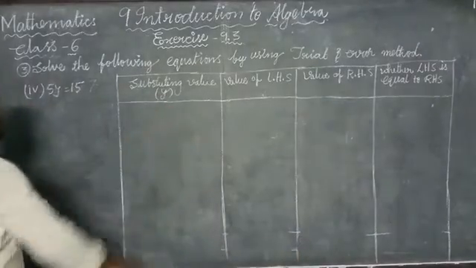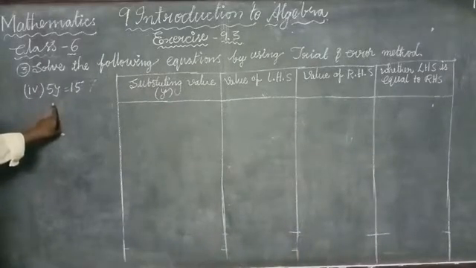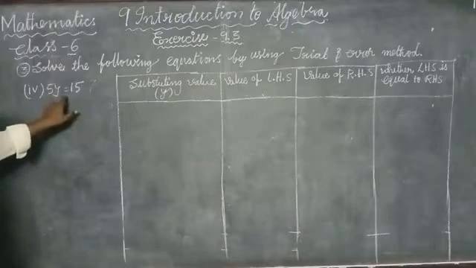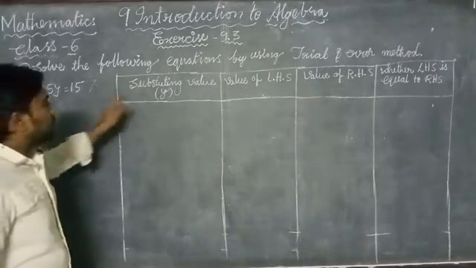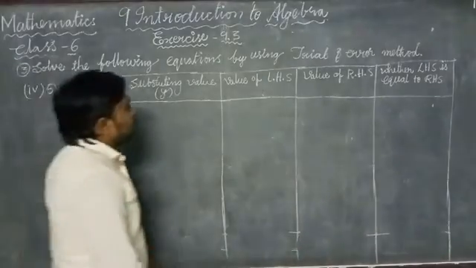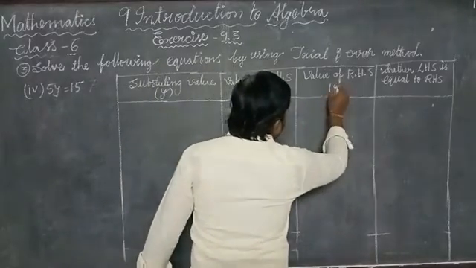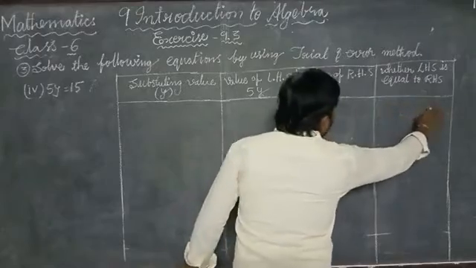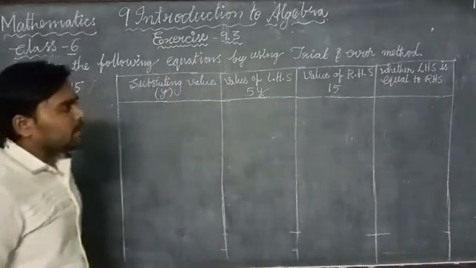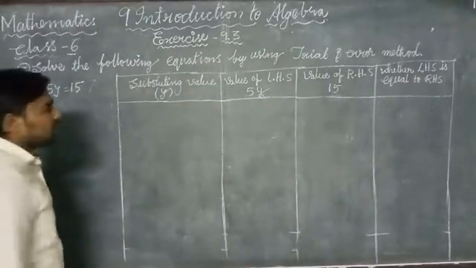The given equation is 5y equals 15. Here the substituting value is y, the value of LHS is 5y and the value of RHS is 15. Here we have to check whether the LHS part is equal to the RHS.